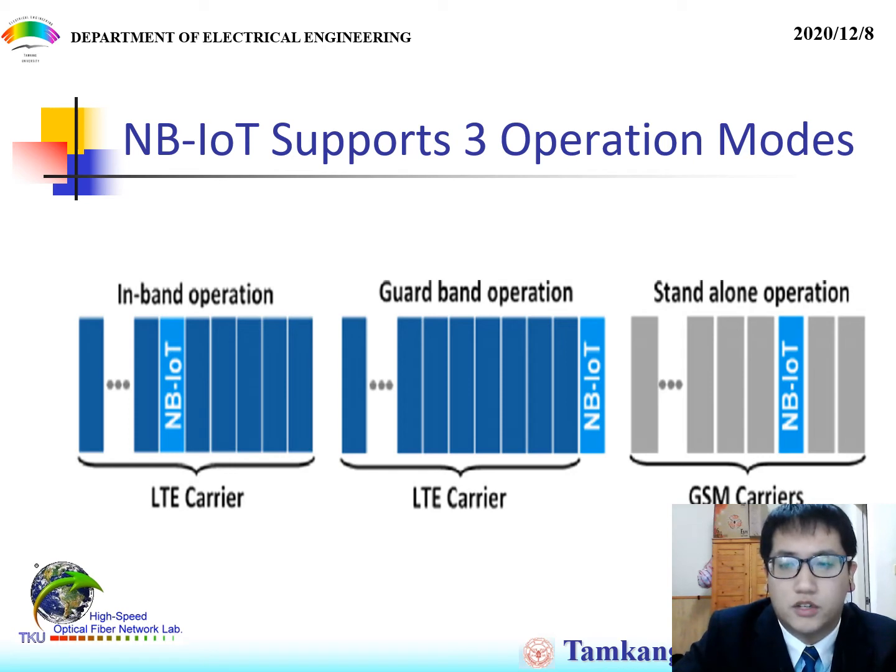Guard band operation: it uses the band length between the LTE carriers, and this band between LTE carriers is to protect and avoid signal interference. In this picture, we can note that the NB-IoT is built on the LTE carriers and the GSM carriers.